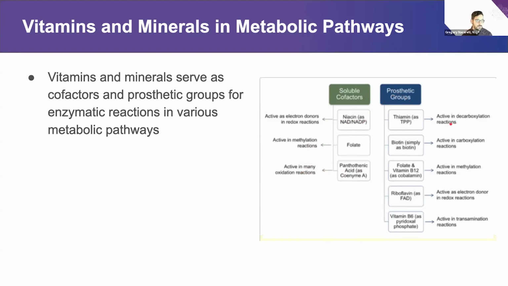That's why they say take B1 to help with carbohydrate metabolism. It's because it's helping you break down the glucose into pyruvate to enter into the TCA cycle. So that's how these vitamins and minerals are helping us through these metabolic pathways. That's one thing to remember. That's why they're important, they're impacting our metabolism and helping our body function.